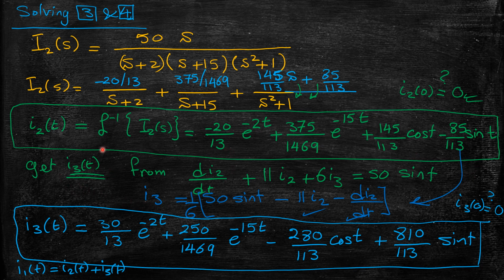Again, we need to get the other current, which is I3 of t. You can go back and solve 3 and 4 as we did in example number 1. Or the other way around, you can use the equation in the time domain here, which is quicker.